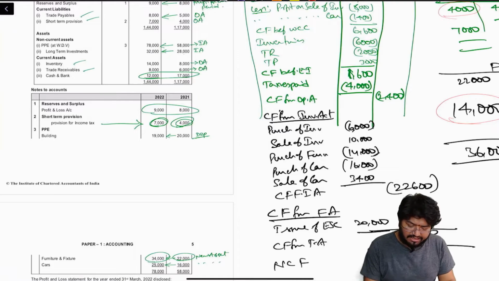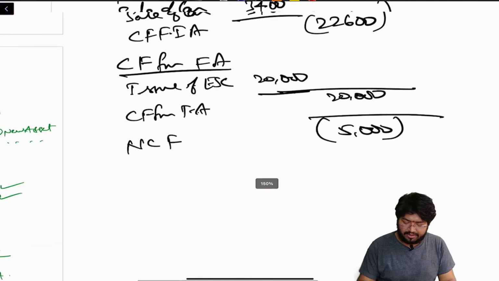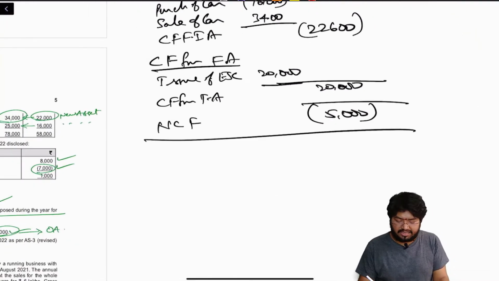Now cash and cash equivalents, if you see, it is given there 17,000 opening balance, 12,000 closing balance. The difference is exactly 5,000 negative. So that means your problem is correct, your solution is correct. So let's do that. Reconciliation is also part of your presentation, guys.